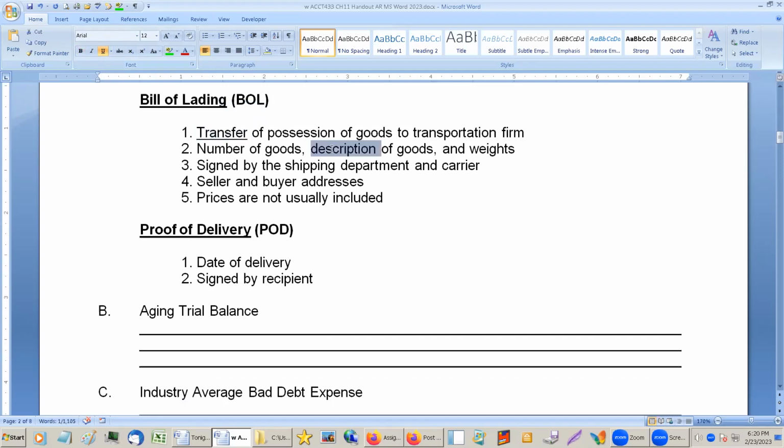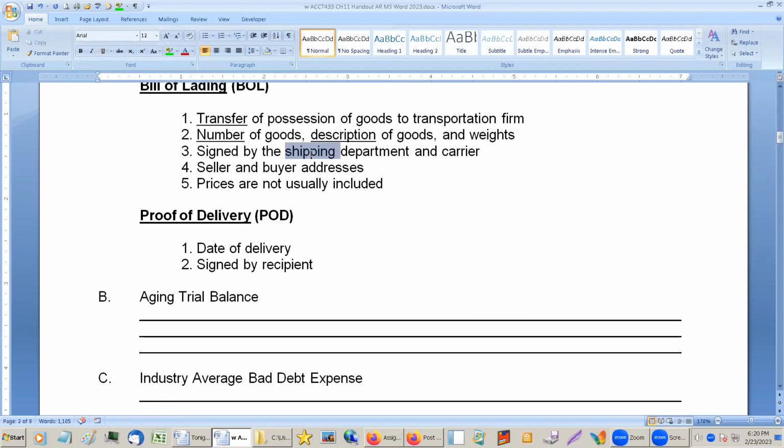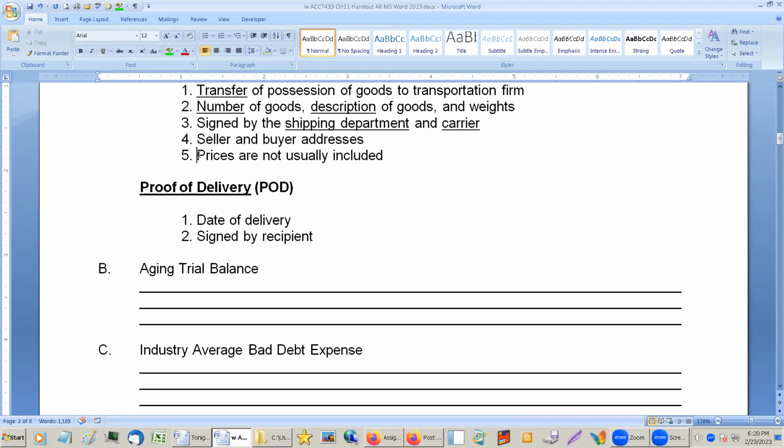They generally have a number and description of what they are. Signed by both parties. So the carrier will sign off on it, saying yes, this was loaded. The shipping department will say yes, this was loaded. Seller and buyer addresses. Prices are usually not included.